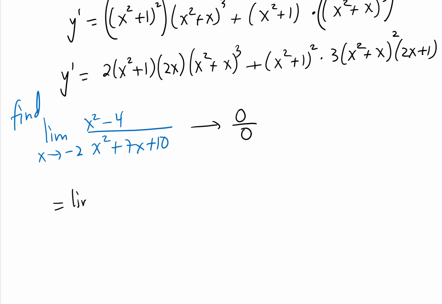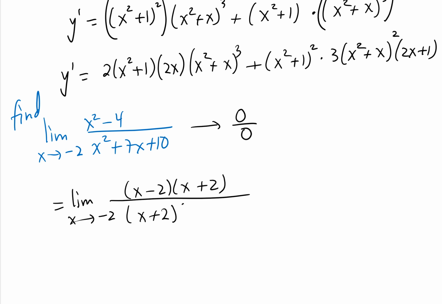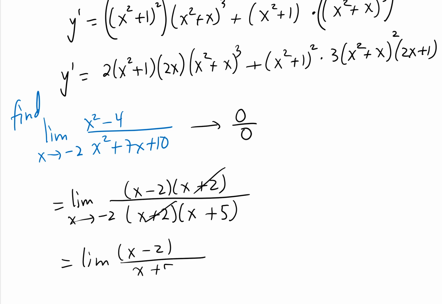So what we can do is factor the top, (x minus 2)(x plus 2), and factor the denominator, (x plus 2)(x plus 5). These cancel. So now all we have to do is find the limit of just this fraction as x approaches negative 2. If you plug in the limit, you get negative 4 on the top and 3 on the bottom.